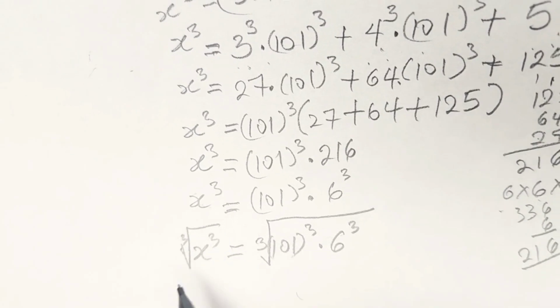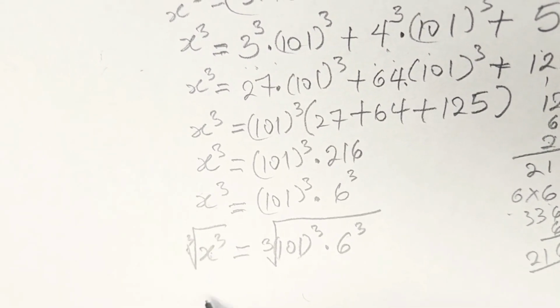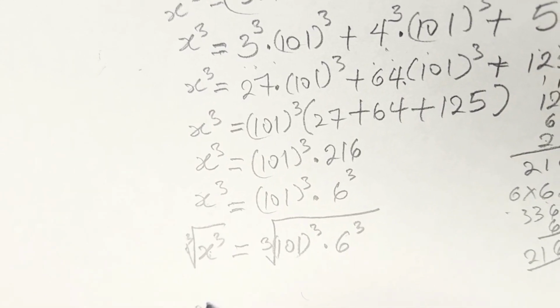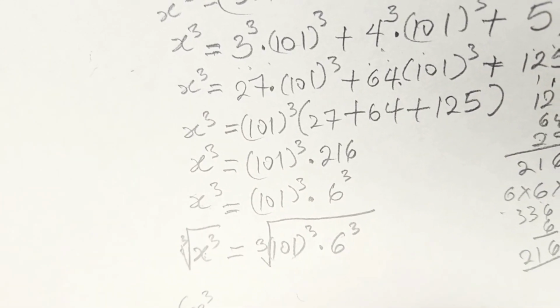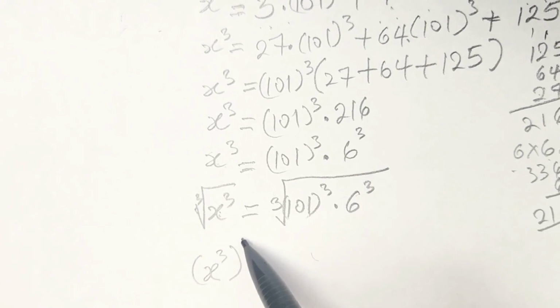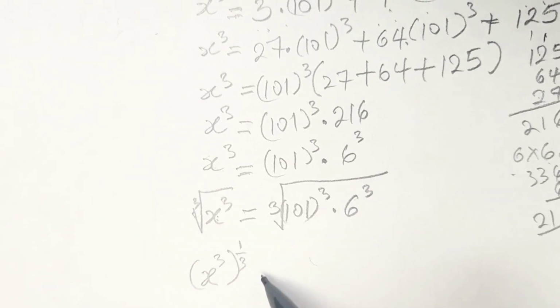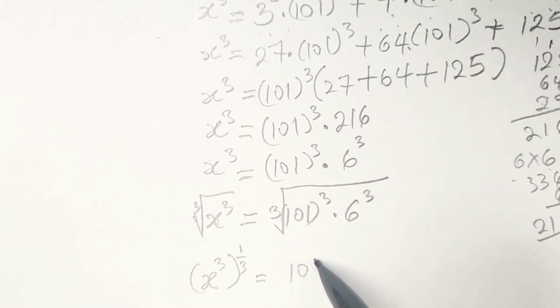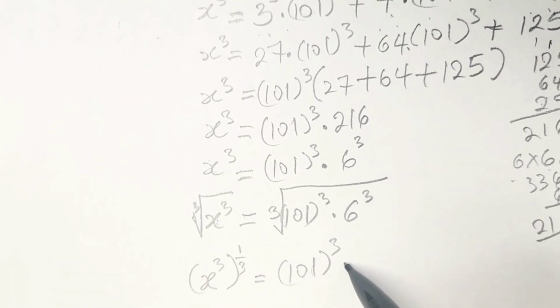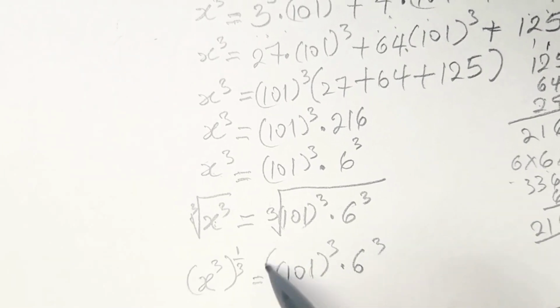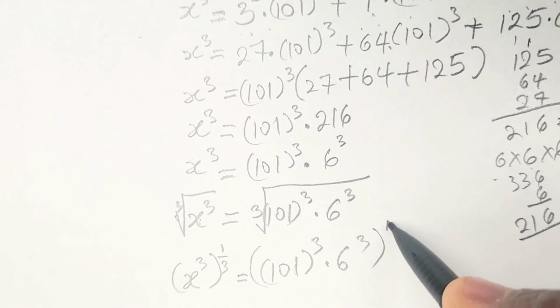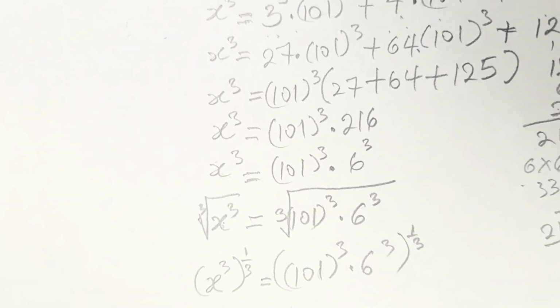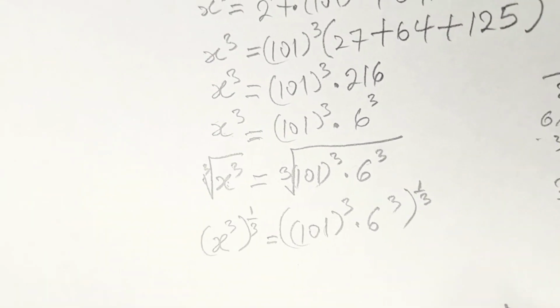Okay, so we can rewrite this to be x cubed to the power 1/3 equals 101 to the power 3 times 6 to the power 3, all to the power 1/3. Right.